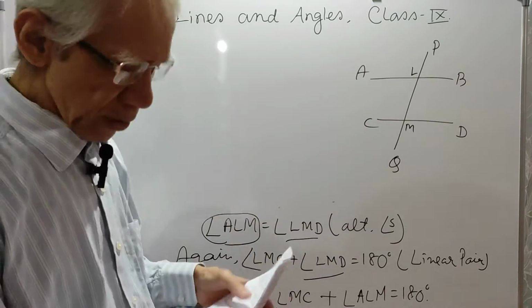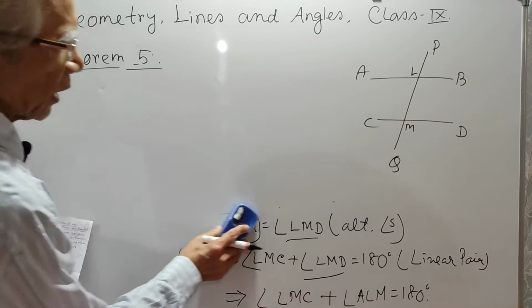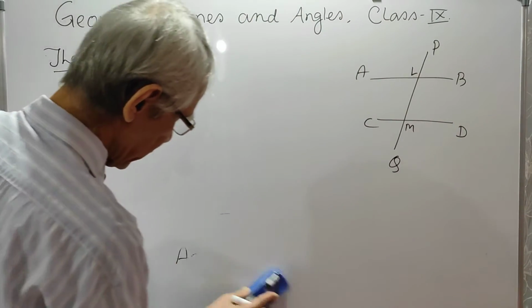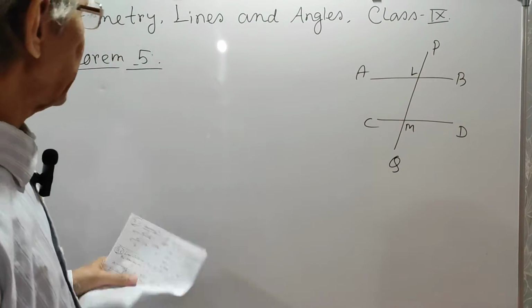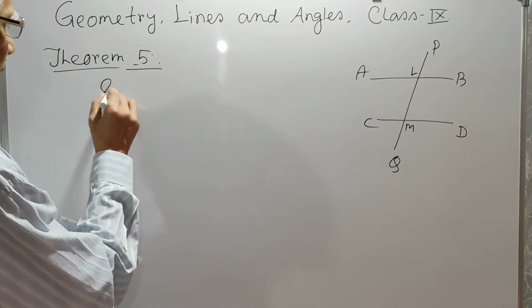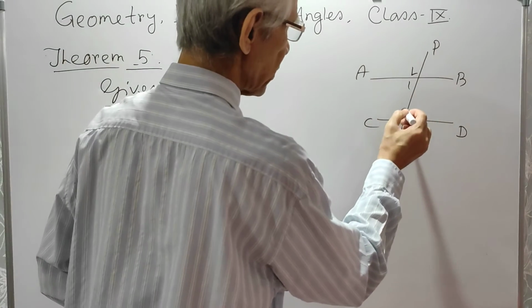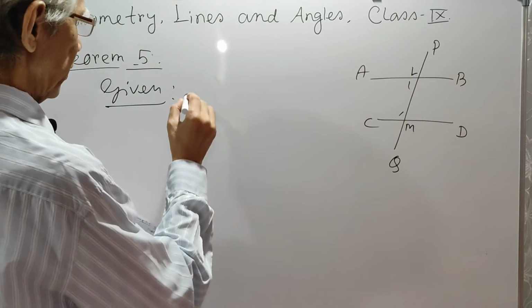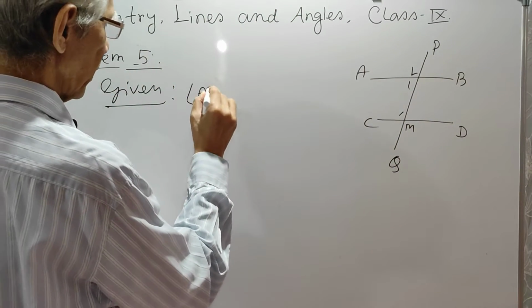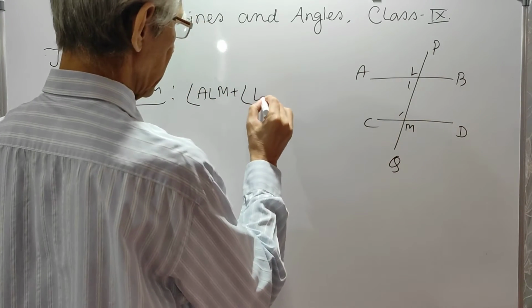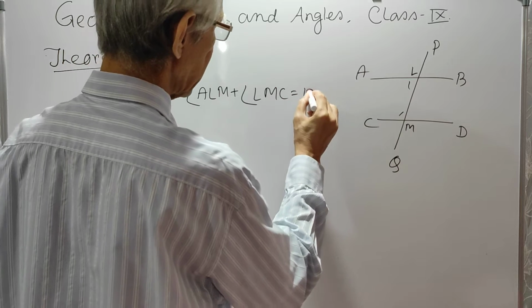Okay. Now in this theorem, what is given? The co-interior angles are supplementary. That means the sum of the co-interior angles is 180 degrees. So here what is given? This angle plus this angle is 180 degrees. That is ALM plus LMC equal to 180 degrees.